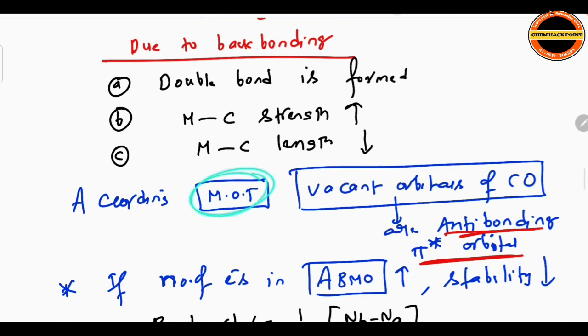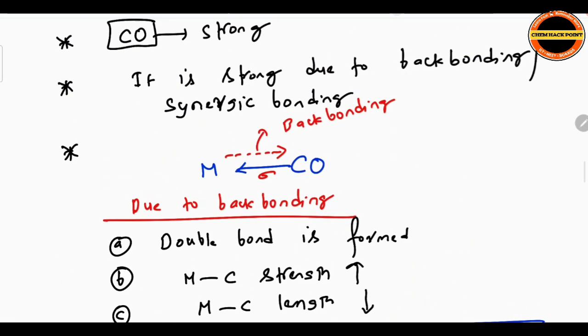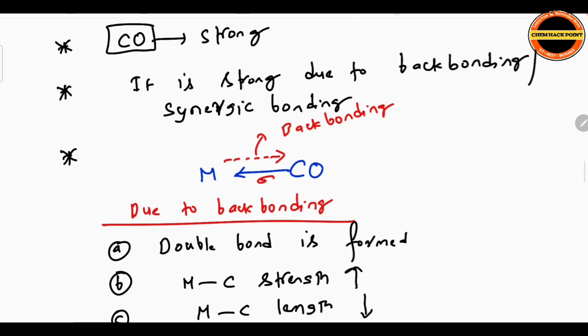According to MOT, the molecular orbital theory of chemical bonding, the vacant orbitals of CO are anti-bonding pi star orbitals. So here the metal is giving back electrons to CO, but the empty orbitals of CO are anti-bonding. Whatever electrons are given by the metal occupy the anti-bonding pi star orbital of carbon monoxide.